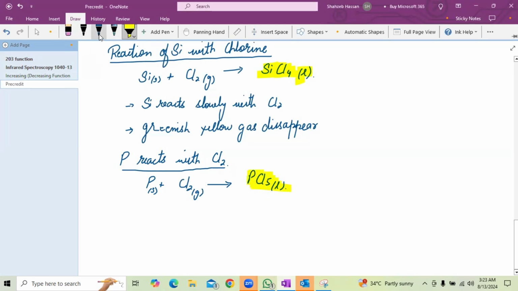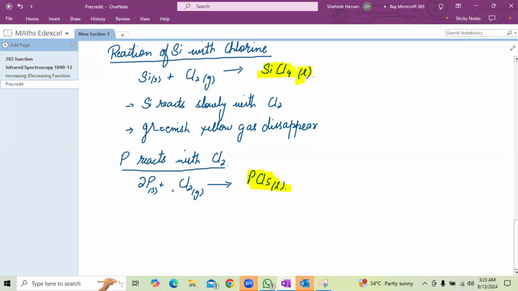So now what is going to happen? We have to balance it, and this would become 5 and it would become 2. So the greenish yellow gas disappears.